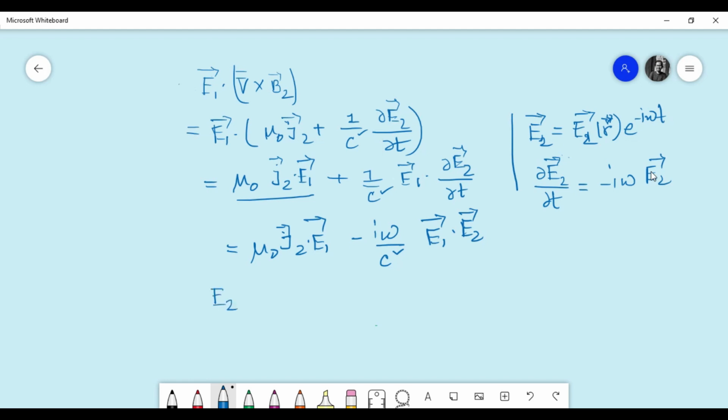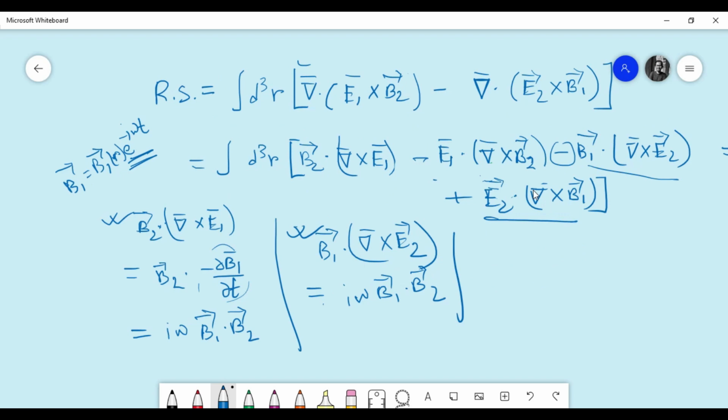Using similar algebra, we can write this term, which is another term in the expression of the integral in the previous screen. Well, we can write it like this. Now let's go back to the previous screen, and as you can see, the two terms here actually have opposite signs.